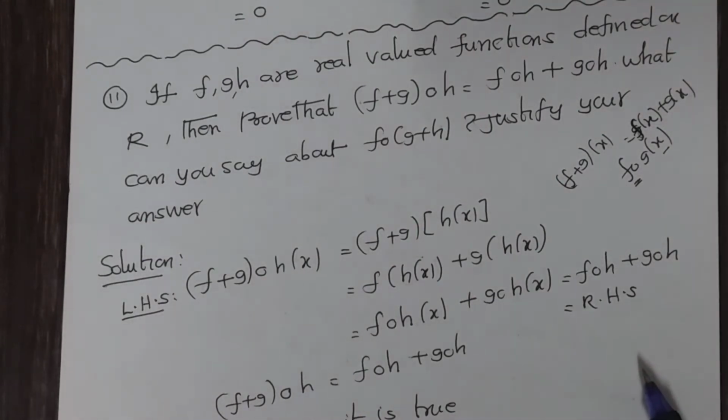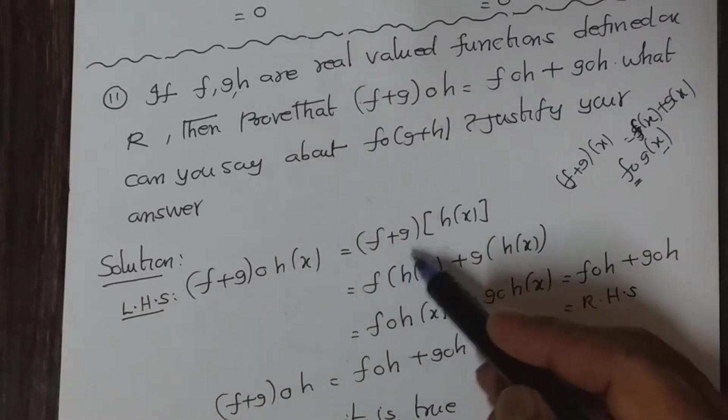Anyway, I will teach that part also later. Just small things: f minus g of x means f of x minus g of x, f by g of x means f of x by g of x. Simple algebra. fg of x is f of x into g of x. This is algebra of functions.